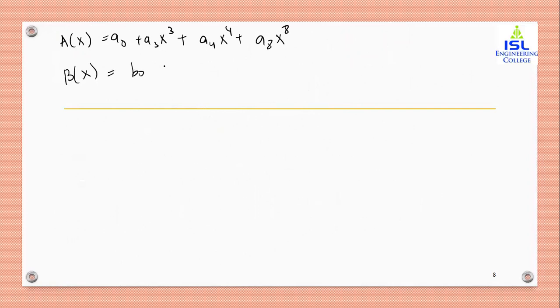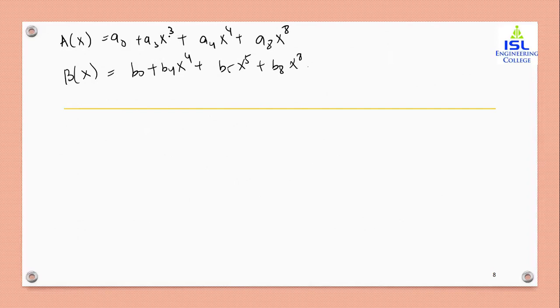Similarly, we have b of x is equal to b naught plus b4 x power 4 plus b5 x power 5 plus b8 x power 8. Then we just mean that the coefficients are 0 for the missing powers. So x squared, in the case of a of x, is not there. Then x power 5, 6, 7 is not there. So basically the coefficients are 0.